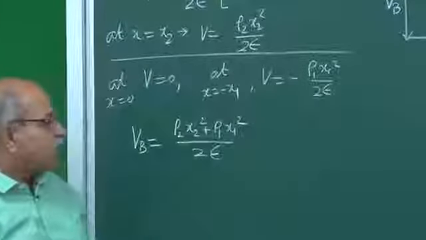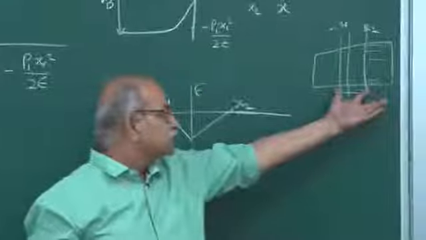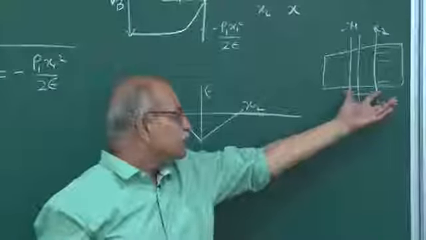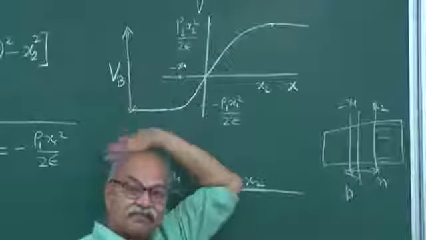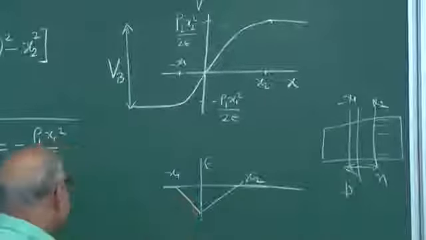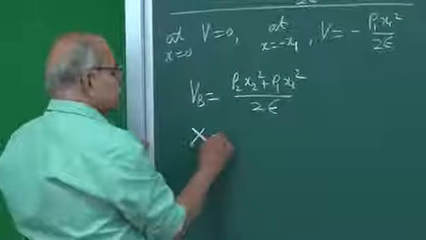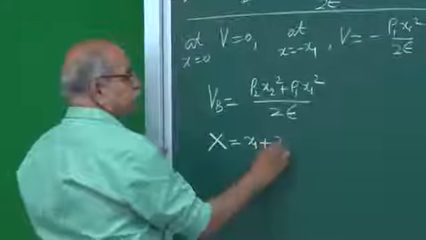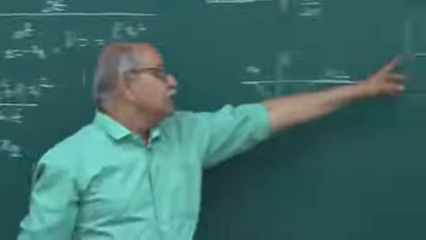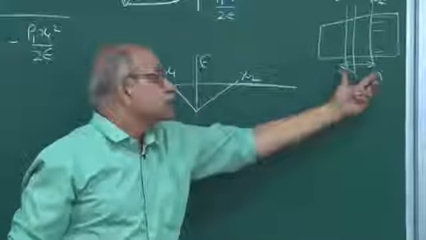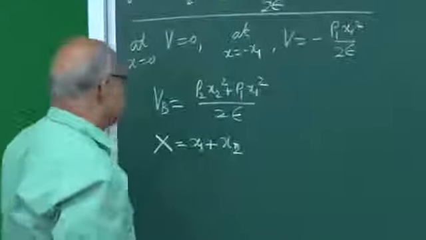Let us try to write the width of the depletion region, the relation between that and this potential barrier that we have calculated. So what we are interested in is the width of the depletion region, which is x1 plus x2. This x1 and this x2, this is the total width of the depletion region.